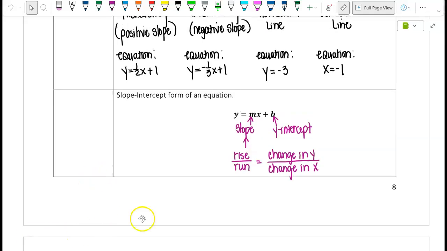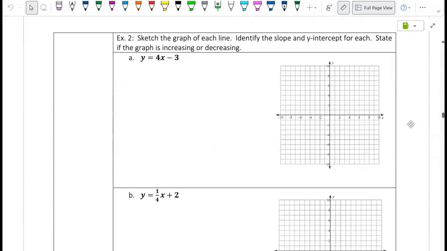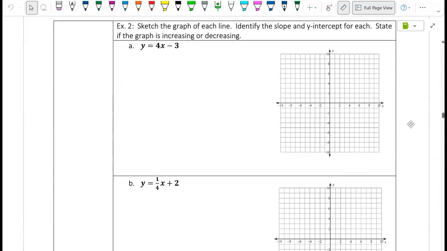So now we're going to take this slope-intercept form of an equation and apply that to being able to graph from that form. So on the next page here in the margin, we're going to write down the steps. Step 1, determine the slope and y-intercept from the equation.